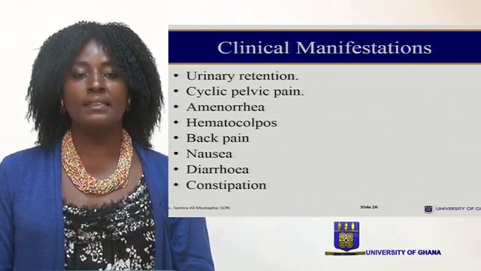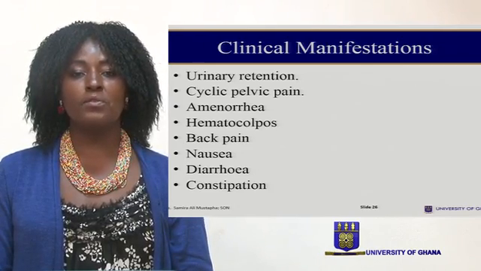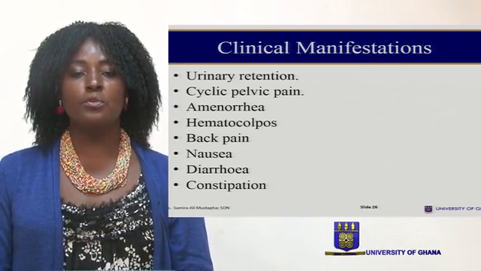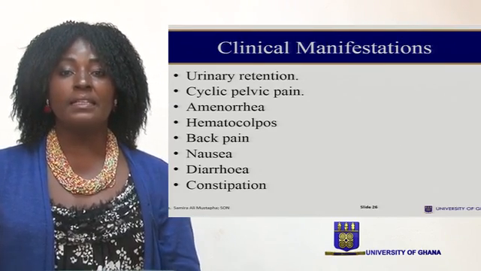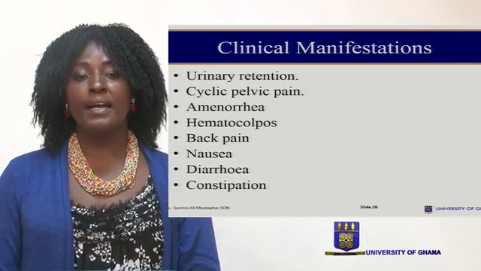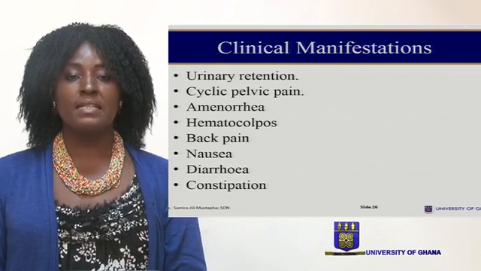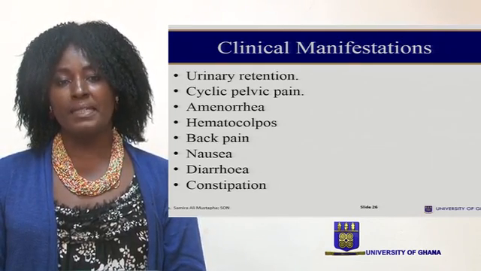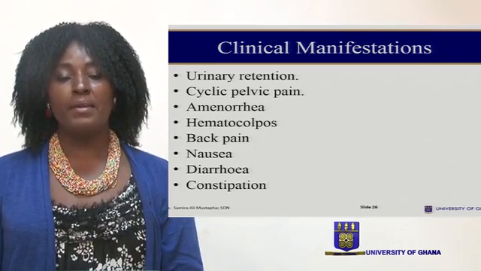So once again, depending on the extent, because we know that the urethra is 2.5 centimeters below the clitoris, if the congenital anomaly is such that sometimes even the urethra is covered, there may be urinary retention, and there will be cyclic pelvic pain because of the accumulation there, and then amenorrhea.